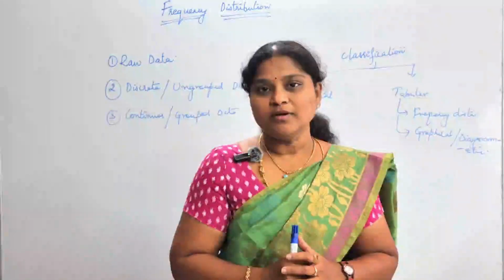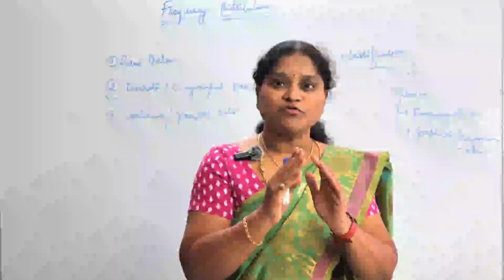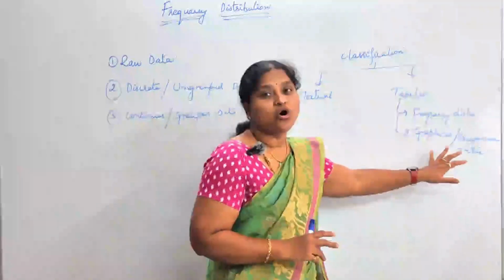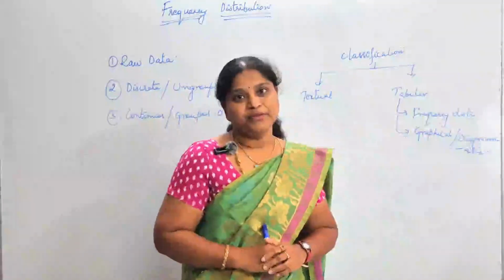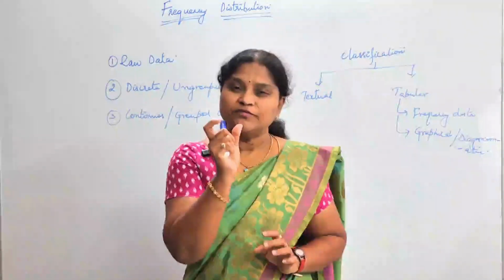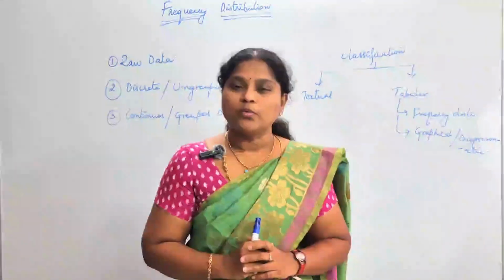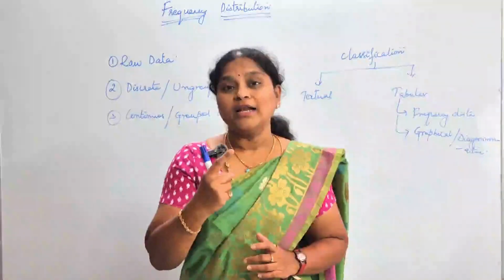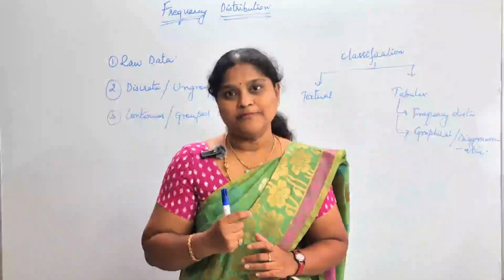For tabular form, it is represented either in the form of a frequency distribution or in the form of a graphical or diagrammatical method. In the frequency distribution, we need to know what the word frequency is. Frequency is nothing but the number of times a value is repeated in the given data.